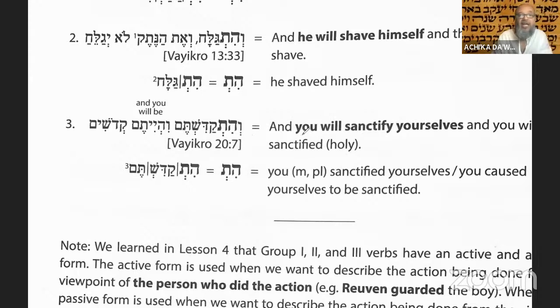quadashtem means that and you. Okay. And it says will sanctify. Where's the sanctification? And why is it a will sanctify yourselves?